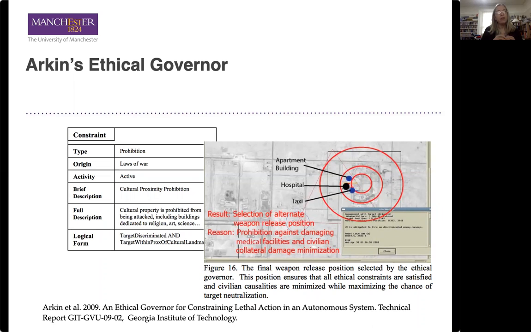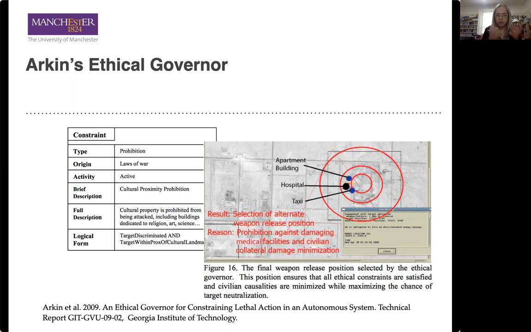The idea was that it would apply ethical reasoning to the selection of targets from this system. In particular, it would constrain the choices made by the underlying targeting system so that they were in accordance with the rules of law and the rules of engagement for the particular conflict.